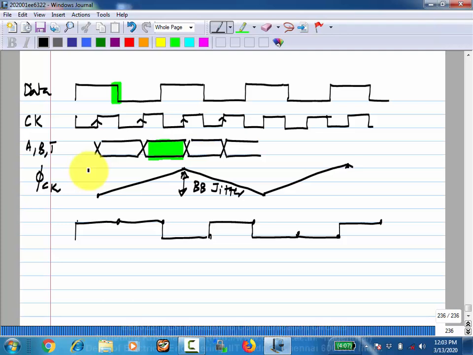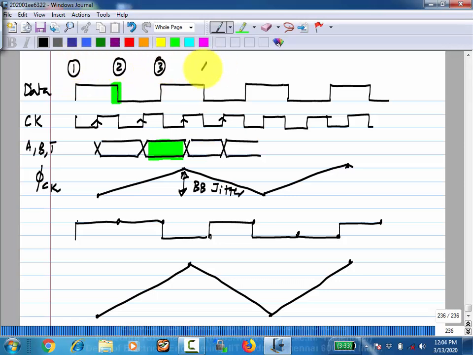So what will the same phase curve look like? Maybe I'll draw it bigger. Essentially, you have to kind of imagine what happens when there is no transition. Okay. So if this is edge number 1, 2, 3, 4, 5.